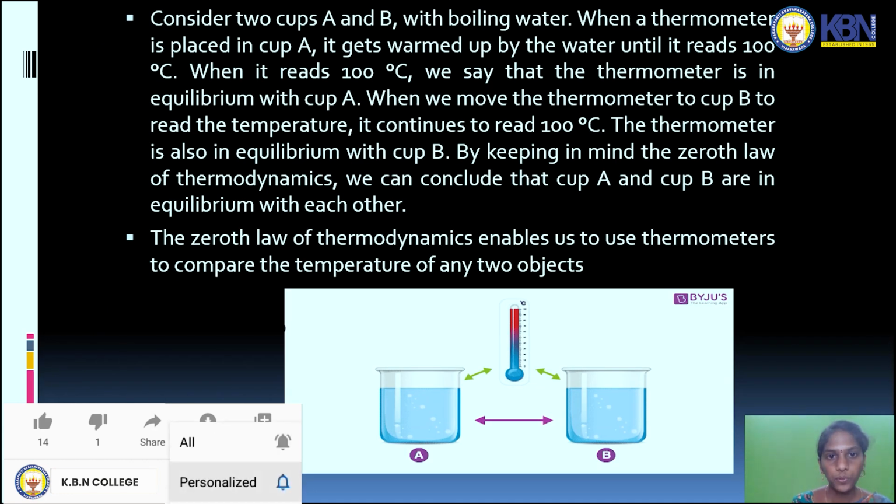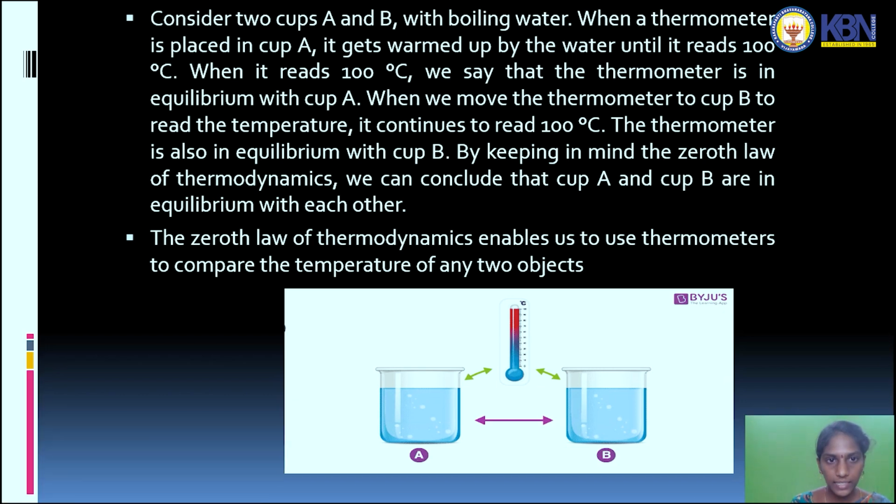Consider two cups, A and B, with boiling water. When a thermometer is placed in cup A, it gets warmed up by the water until it reaches 100 degrees Celsius. When it reaches 100 degrees Celsius, we say that the thermometer is in equilibrium with cup A. When we move the thermometer to cup B, it continues to read 100 degrees Celsius.